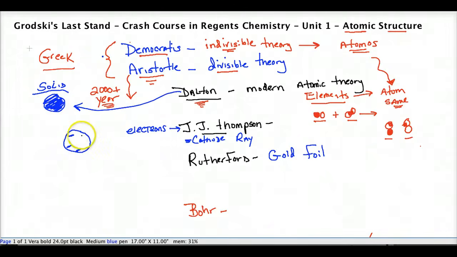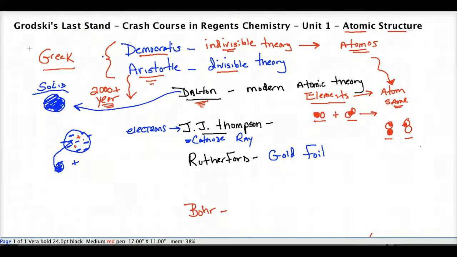So you had that plum pudding model, where electrons are just kind of haphazardly in the sphere. Now, in this plum pudding matrix, you have positives that are smeared, I shouldn't say protons, but just positive charges that were filling in this empty space here.